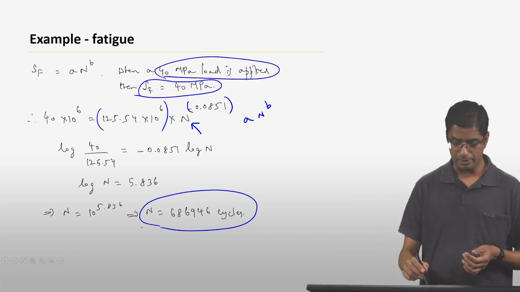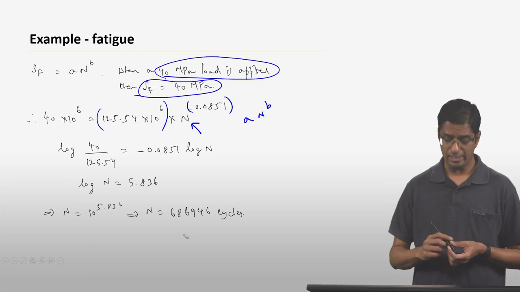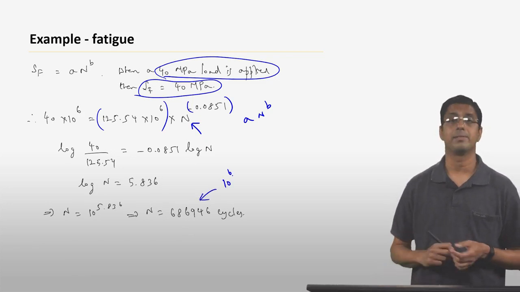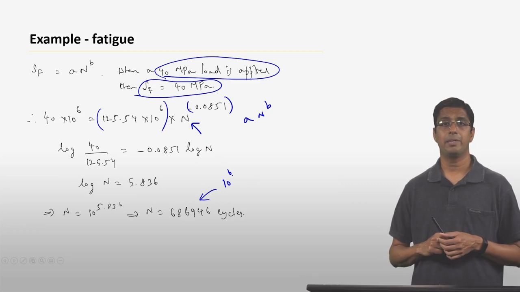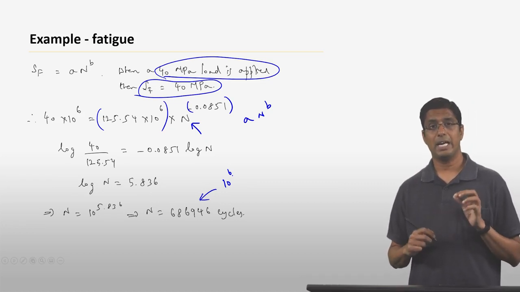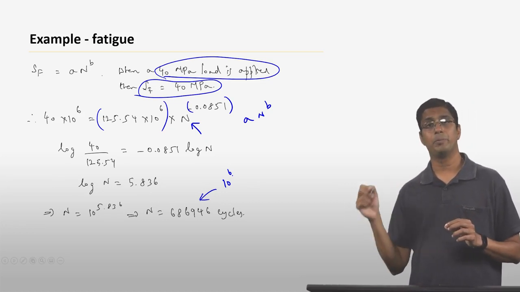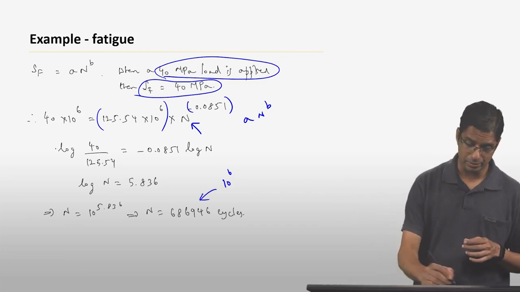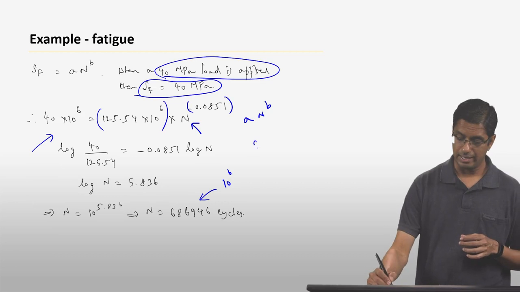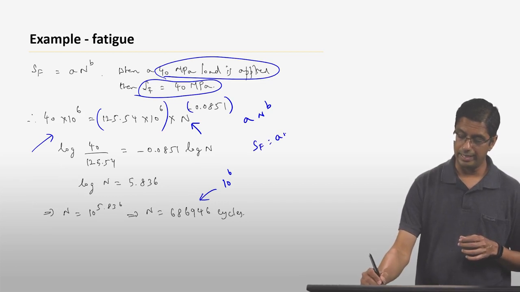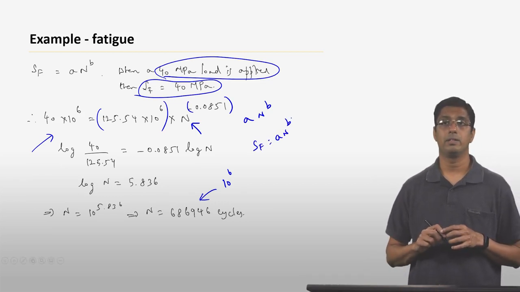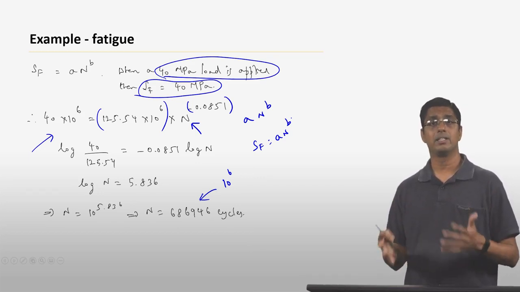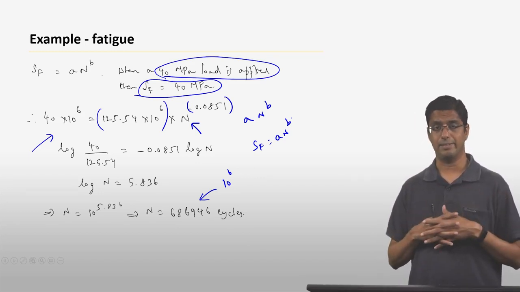The other thing that you must also note is that this value of n is still less than 10 to the 6 cycles. That is important because if this value came out to be more than 10 to the 6 cycles, then you can no longer use this equation where SF equals A n to the power B. It is consistent in this case because the number of cycles turns out to be less than 10 to the 6 cycles.